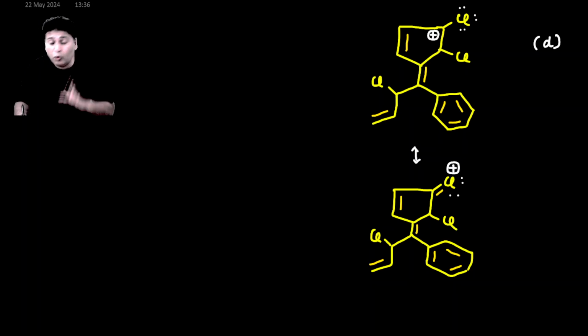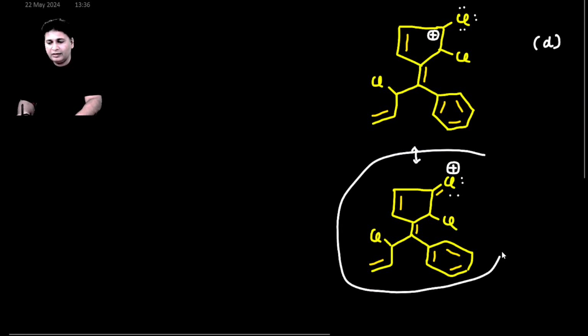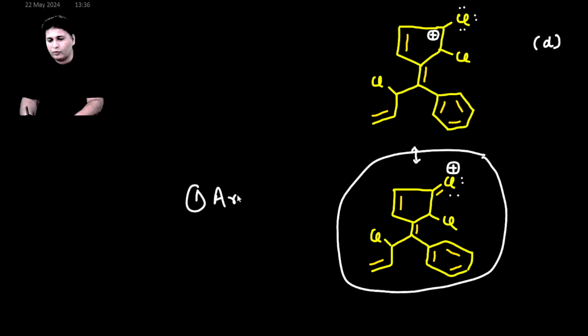What is the glory in the last structure? The glory in the last structure is, this is a structure, student, where you have 2 great features. One is it has an aromatic ring, and that aromatic ring you can see as benzene. This is the aromatic ring.